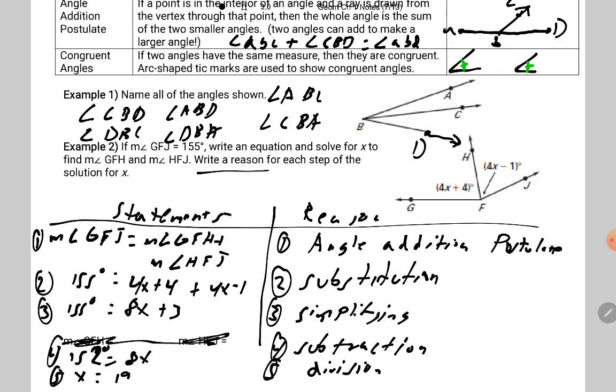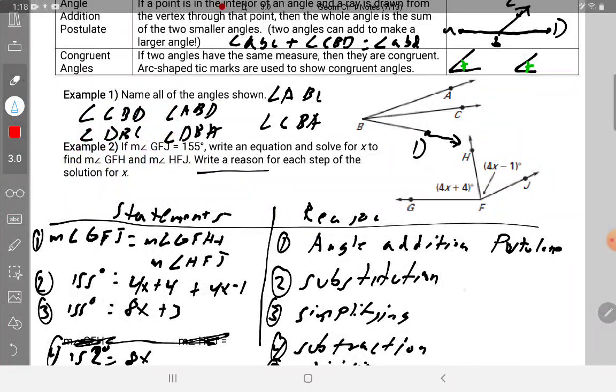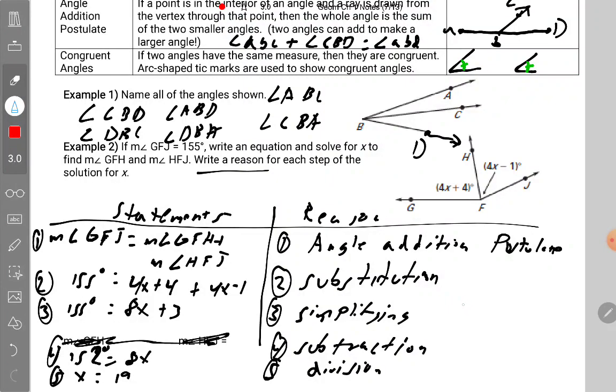And now that we have x equals 19, to find out what GFH is and HFJ. So GFH angle measure is equal to, I'm going to use a different color so you guys can see that this would be below this, just showing a little bit of extra work.